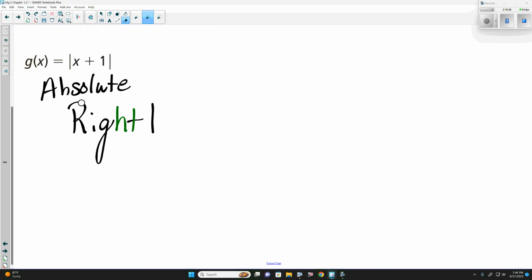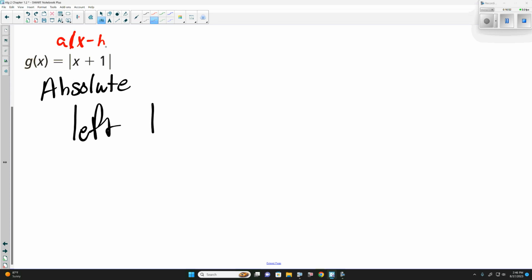And there's a reason for this. So I'm going to write the general version of this above it. Because inside the absolute values in the general form is what? X minus H, yes?